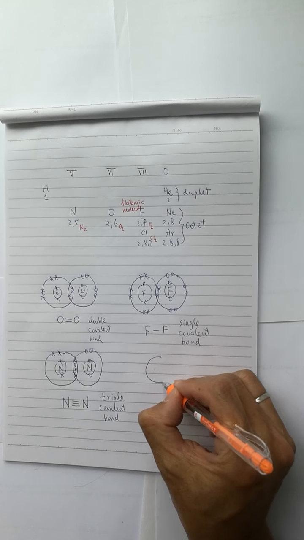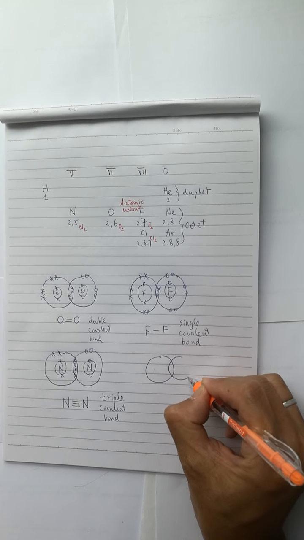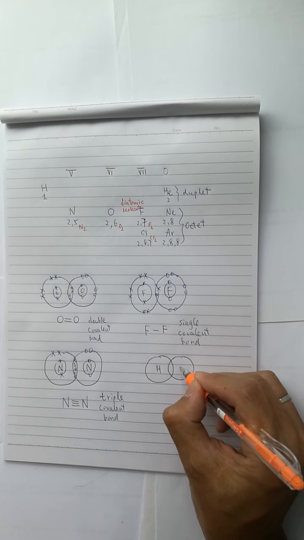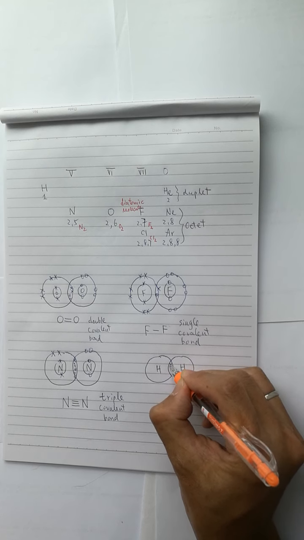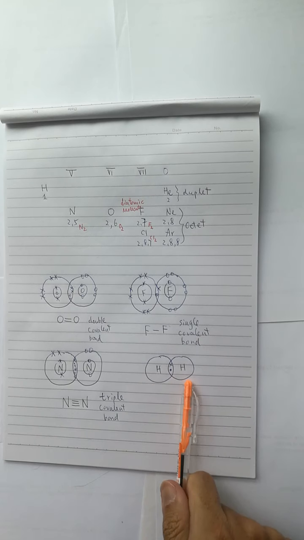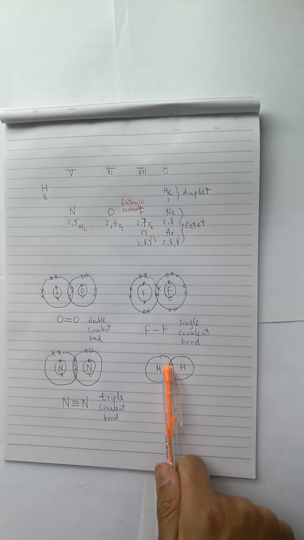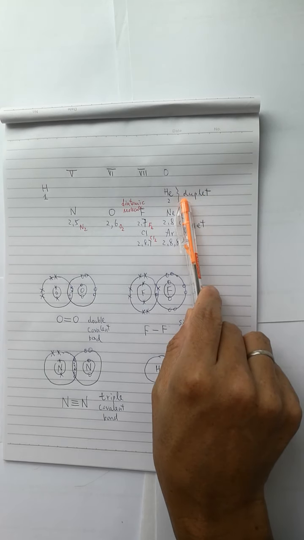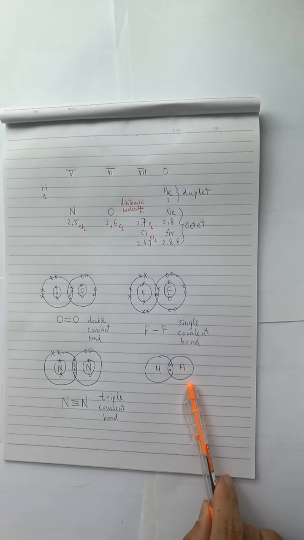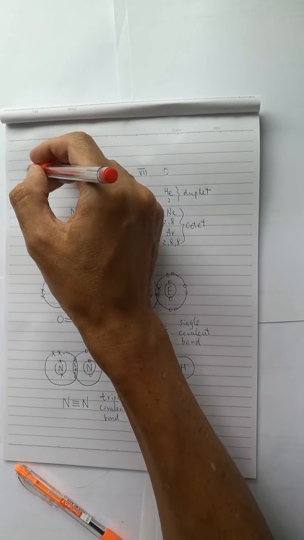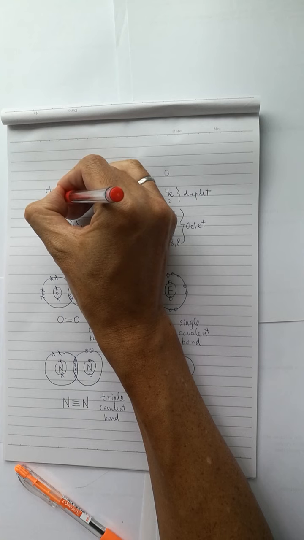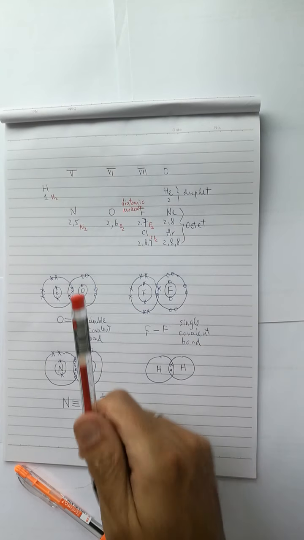So when two H atoms come together, they just contribute one electron each for sharing, such that they become doublet stable. And again, the H is a diatomic molecule.